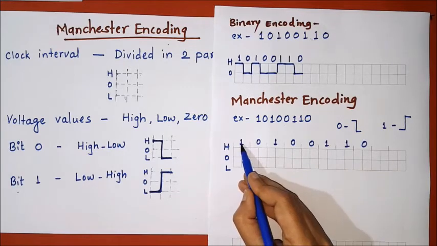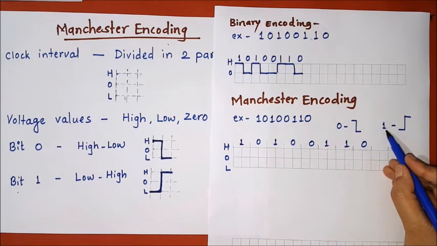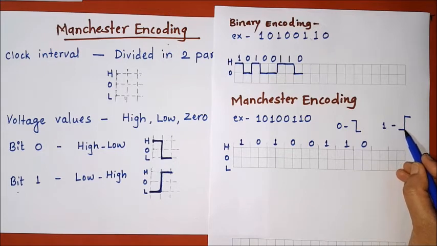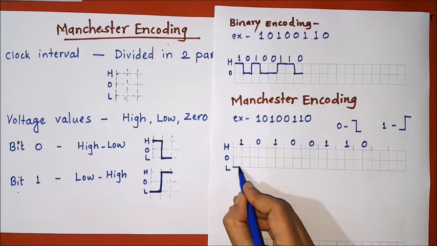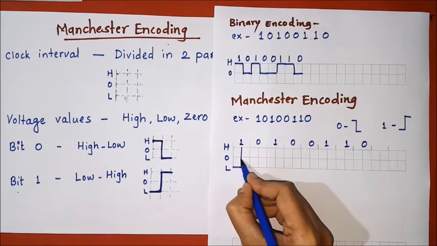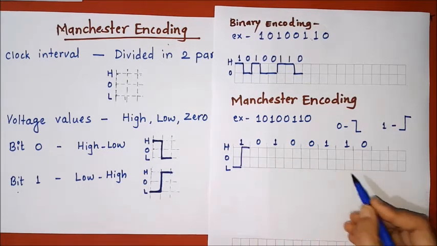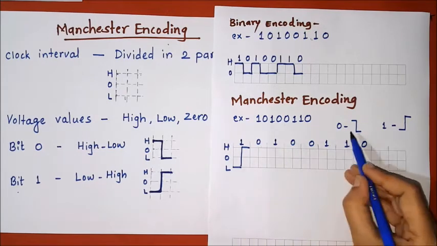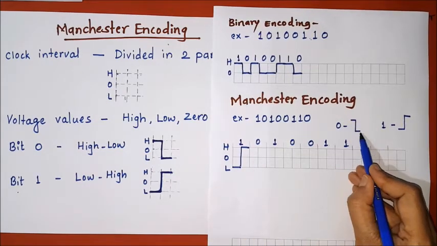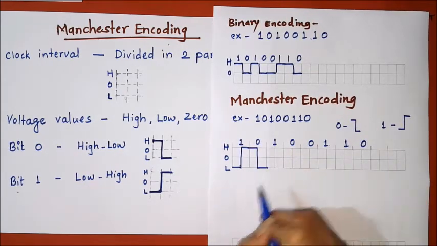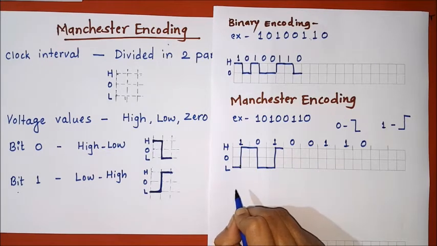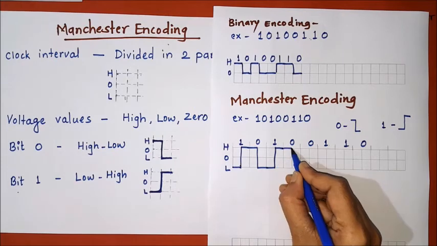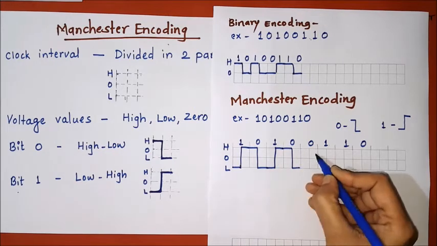Now the first bit is 1. 1 is represented as low initially and then high. So for this bit, initially low and then high. The second bit is 0. For 0, high, low. Next 1. So low and high. 0, high, low.